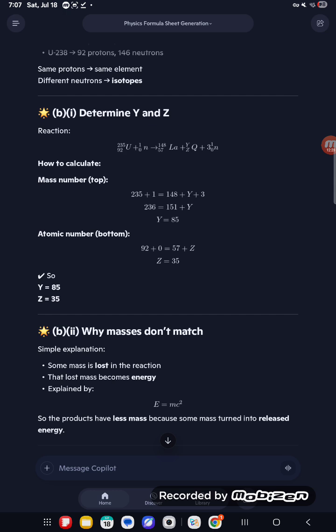So what will be y? If you move this number to the other side, it will be 85, right? So like this you can do, very easy. As for the below number also, here it is 92 plus 0, and this one is 57 plus z. You have to find z, take this to the other side, it will be 35. You can do it in this way.